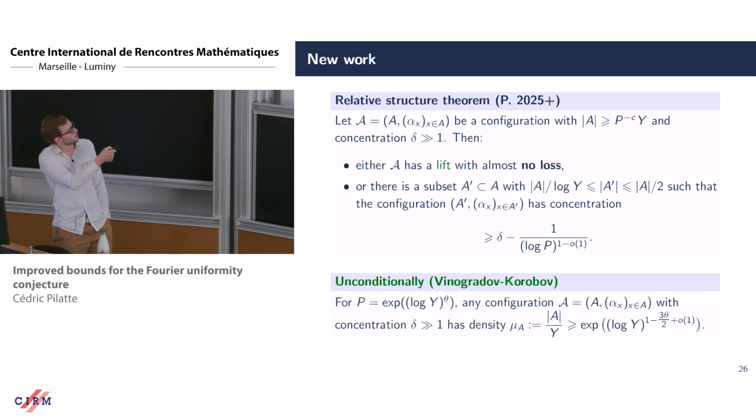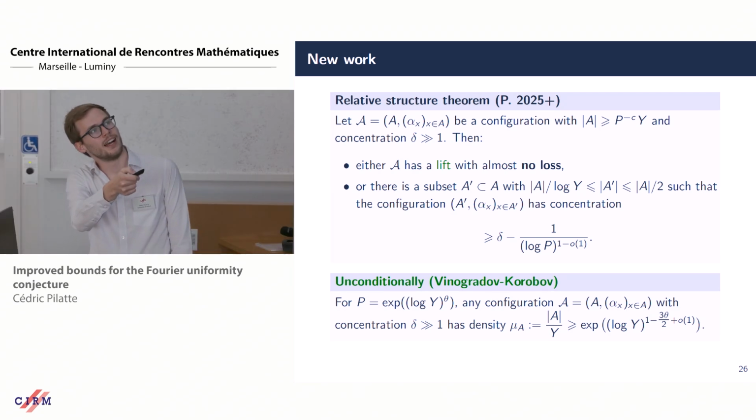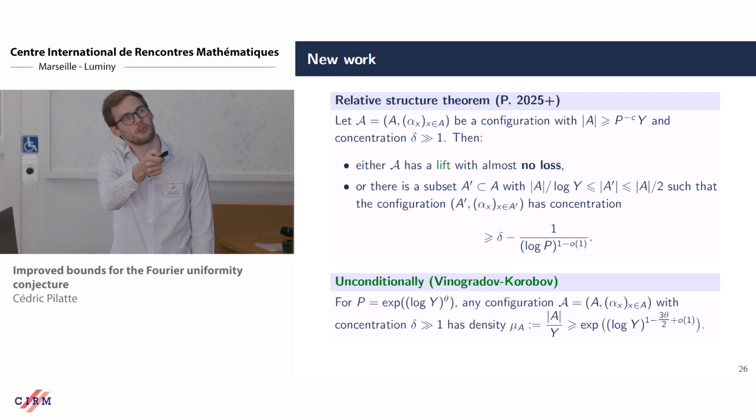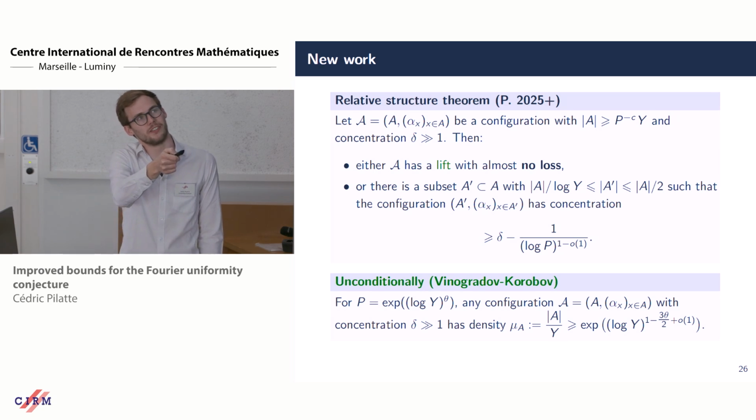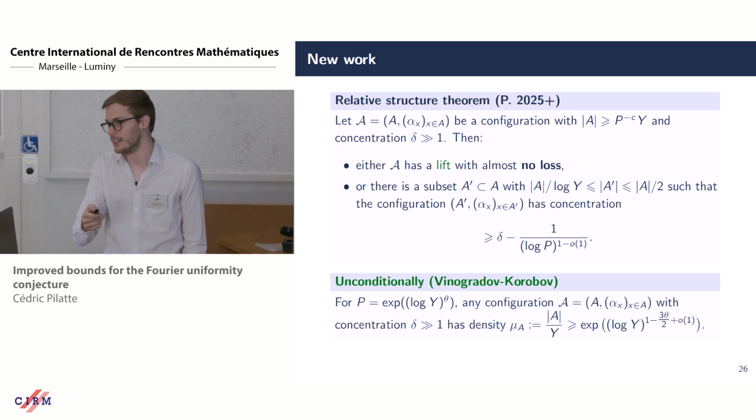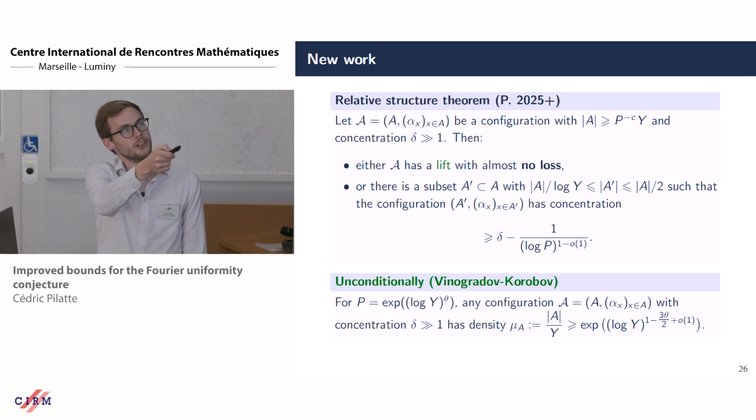And the second case is where you have a subset that has at least halved in size, but is also not too small. But now the concentration is much better than before. So what you have lost in the concentration, you pass from delta to delta minus a little bit. And this little bit is 1 over log p to the 1 minus little o of 1.